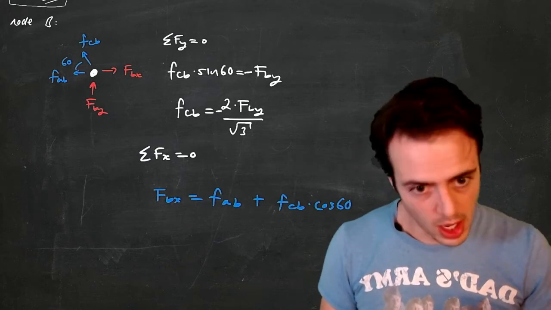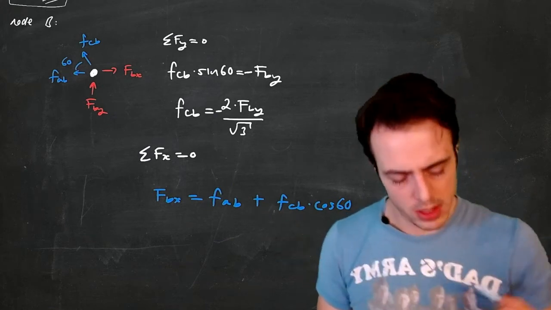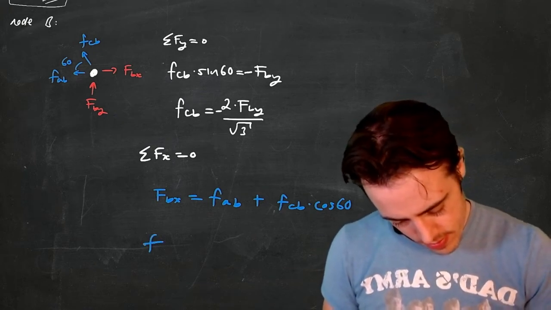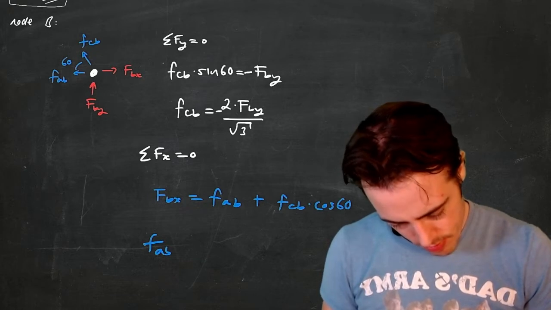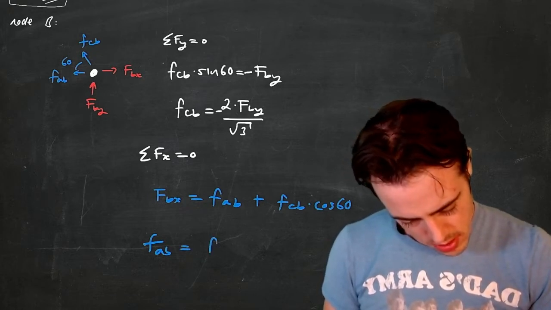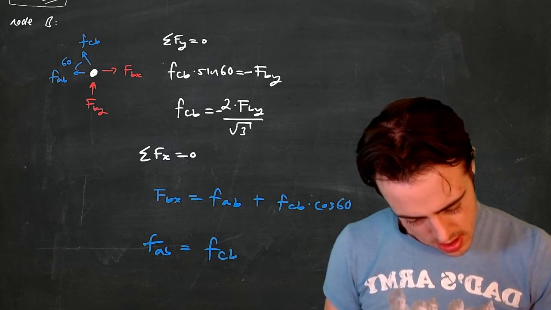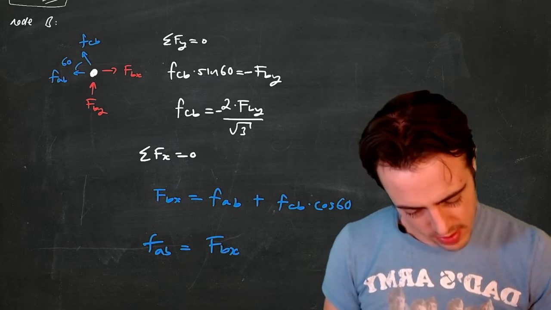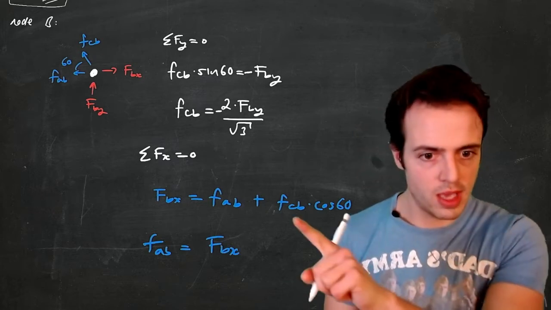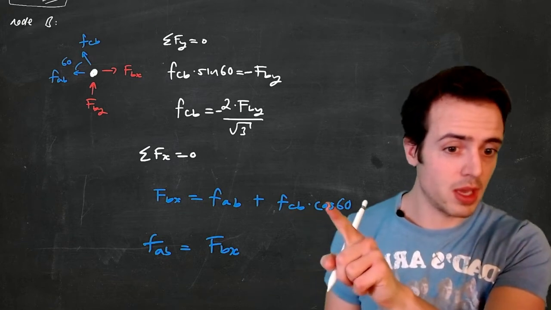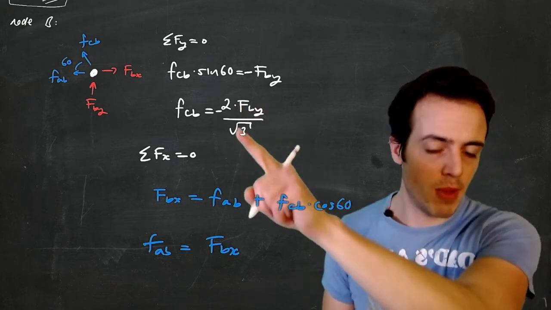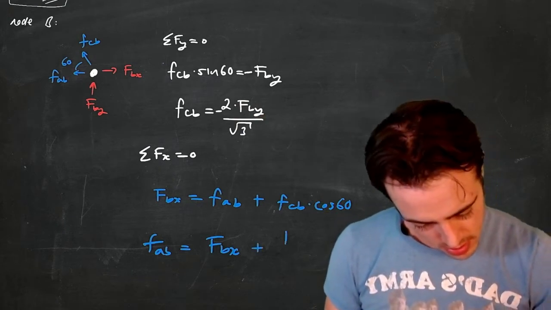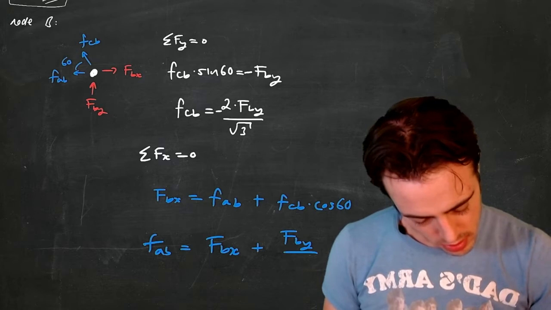So at this point we know what FCB is, so we can now immediately get this. We say that FAB is equal to, no, sorry, it's equal to the reaction FBX minus FCB cosine 60, so it's FCB divided by 2, and that's actually minus this, so the minuses cancel and the 2 goes from the top, and we end up with plus FBY on square root of 3.